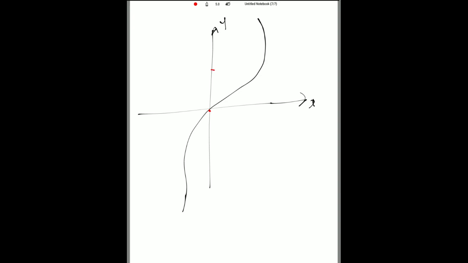If that is the case, and we have to find the area of this curve y equals x cubed, all we need to do is to integrate not with respect to x, but rather with respect to y. So if we're integrating with respect to y, then our function has to be in terms of y. Instead of y equals x cubed, we make x the subject, and we say x is equal to y to the 1/3 power.